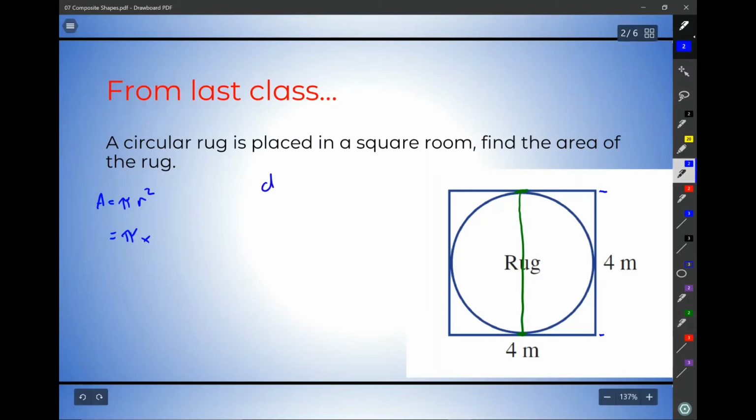So that means the diameter of the rug is 4 meters. So that means the radius of the rug is half of that. So we can plug that in here, pop it into our calculator, and we get the answer.